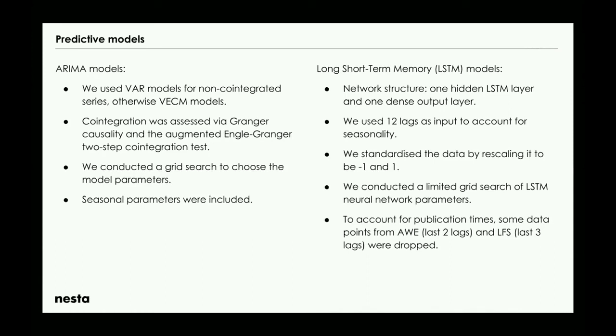The LSTM, the long short-term memory model, is a neural network particularly well suited to process time series, and its main advantage is that it can potentially deal with non-linear relationships.